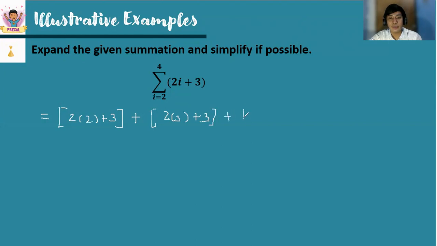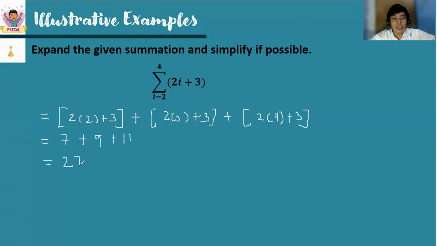And the last term will be 2 times 4, which is the upper boundary, plus 3. Simplifying the operations inside the brackets, we have 7 plus 9 plus 11. And the final answer will now be 27. This 27 is now the value of our series.